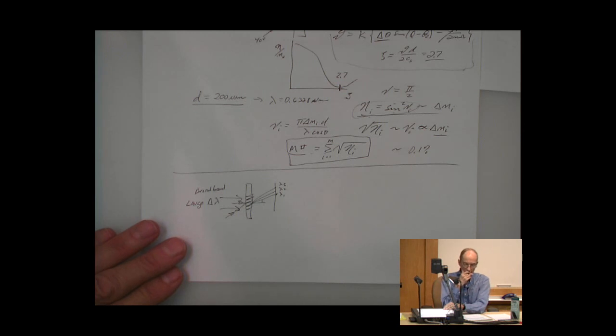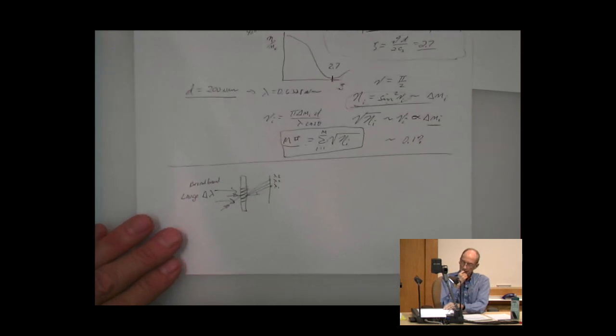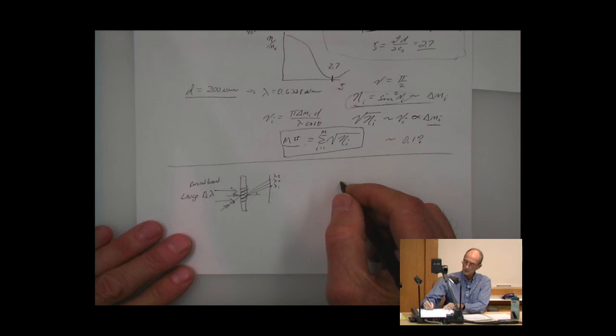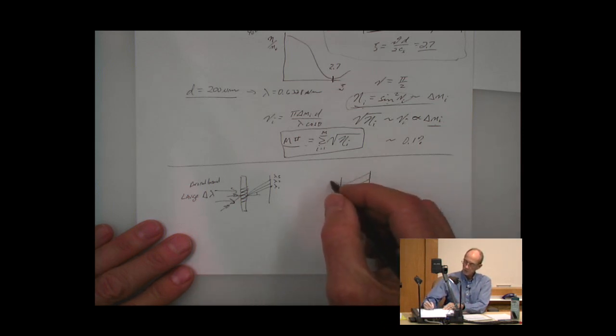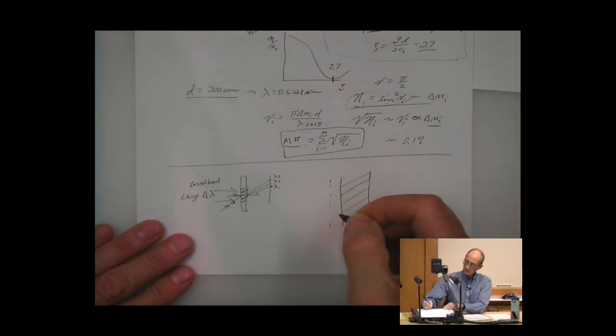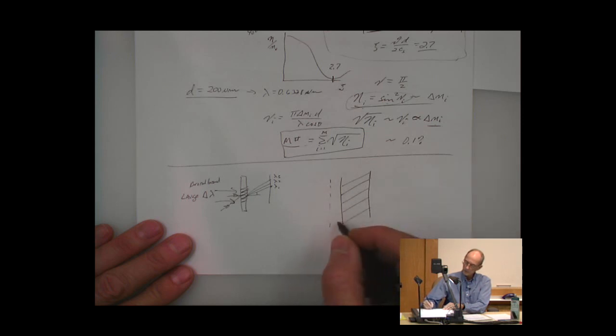But the question that we had, we're trying to figure out, is that our material swells during the processing. We're using dichromate gelatin, and so if we have a material that looks like this, if it swells, then these fringes are going to rotate a little bit, right?